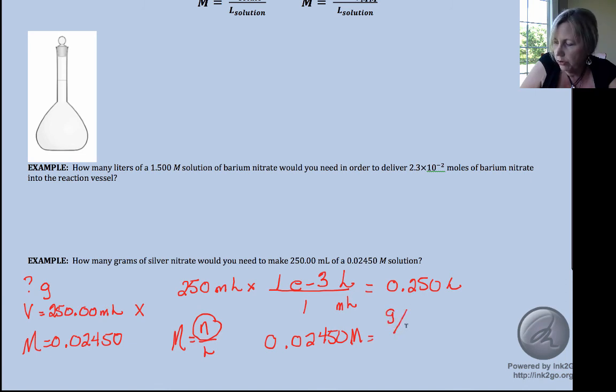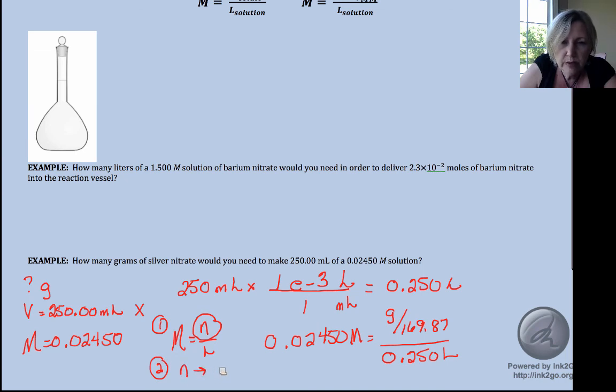Silver nitrate's molar mass is 169.87 over my volume of 0.250 liters. This is showing the one-step problem. So if you did it the other way, step one calculate moles, step two convert moles to mass using molar mass, or you can use this entire formula. And I ended up with a mass of 1.040 grams of silver nitrate if I wanted to make that solution.